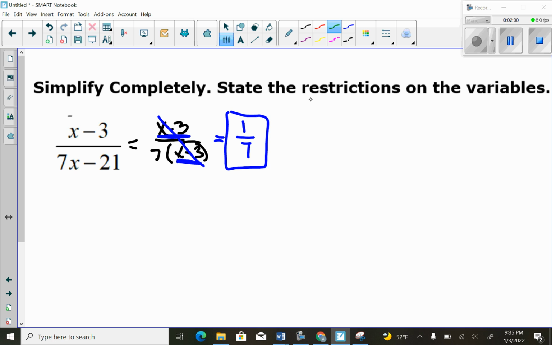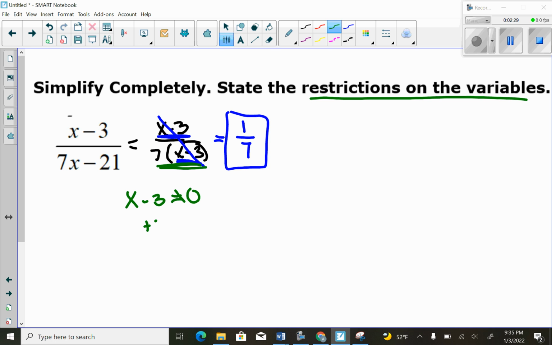We also have to state restrictions on the variables. When I'm looking at restrictions on the variables, I want to look at my factored step, focusing in on our denominator. And I want to take any factor with a variable, in this case x minus 3, and we know our denominator can't equal 0.